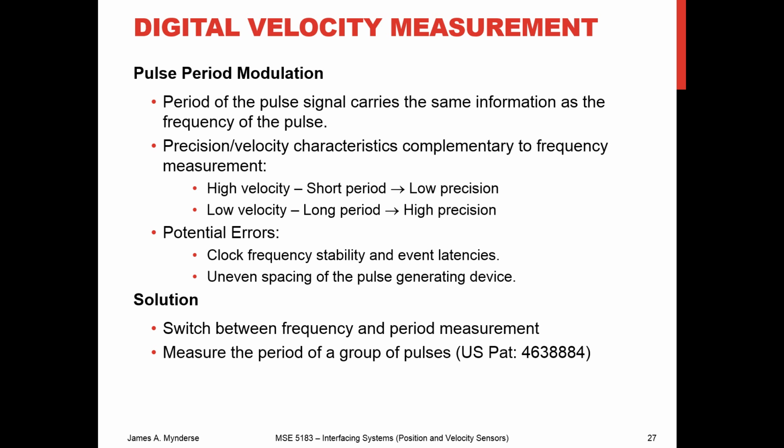And this is actually patented, or at least it was patented, maybe off patent by now, I haven't looked it up recently. But yeah, think about which one is appropriate. Think about whether you can use both of them. And that should give you a good high precision velocity measurement.